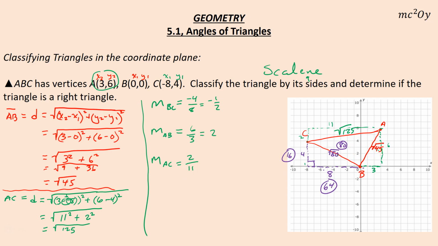So that's a shortcut. It means it's scalene. Now, if you had slopes that were the same, that would mean the lengths were the same, meaning you might have isosceles or equilateral.